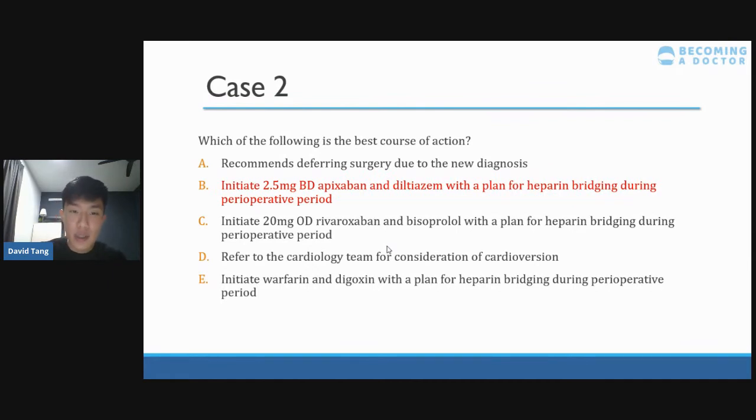We'll go back to the case scenario to make it more clear to everyone, but firstly, let's go through the options. Deferring surgery for a new diagnosis of AF, if that has not been clear to everyone, based on the ECG changes, is not necessary. The reason being, if AF is stable and the patient is not in hemodynamic compromise, there's no reason to delay surgery.